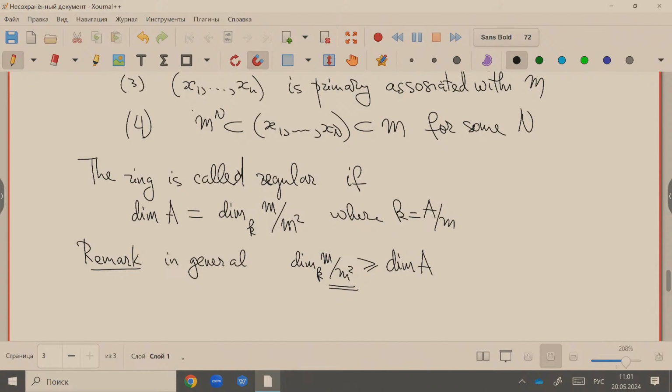Well, this is the cotangent space, dual to the tangent space.